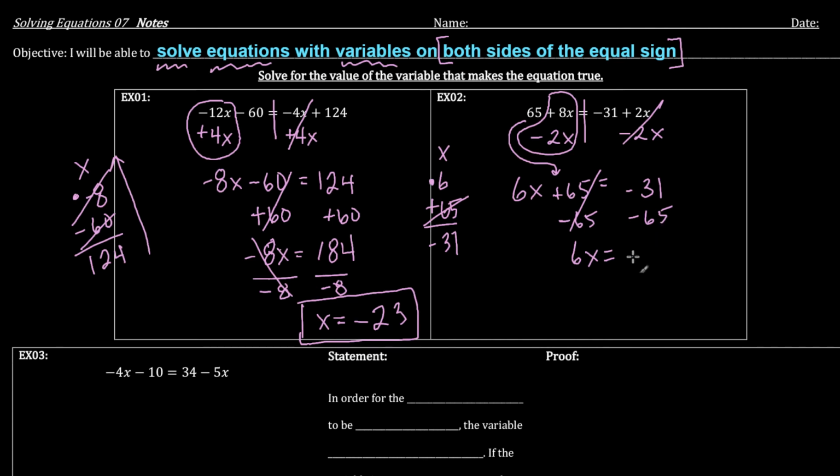So together, we have a total of 96 negatives. And then we need to undo times 6, we need to divide by 6. And a negative divided by a positive is a negative. And I can get to 60 by doing 10 and 36 by 6. So that's negative 16.